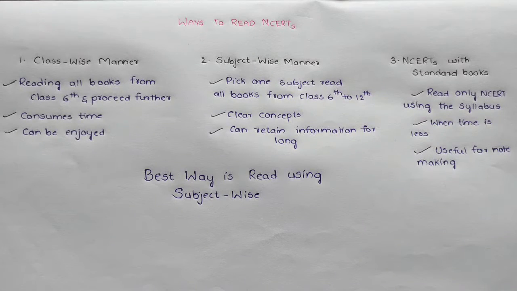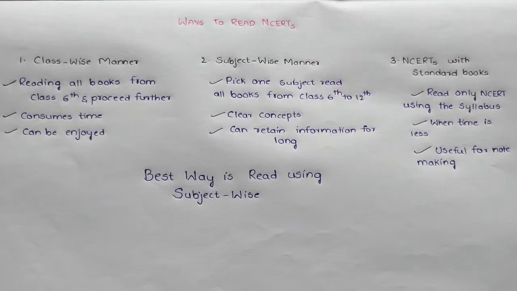And the second one is to read NCERTs in subject wise manner. According to this manner, we will start reading NCERTs of a particular subject like history. Once we have finished reading NCERTs of history from class 6th to class 12th, that is after completing class 6th NCERT of history, then we will go to class 7th NCERT of history, and then 8th and then 9th, like that.